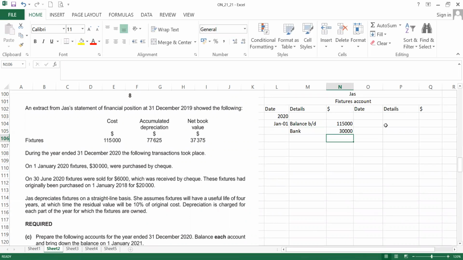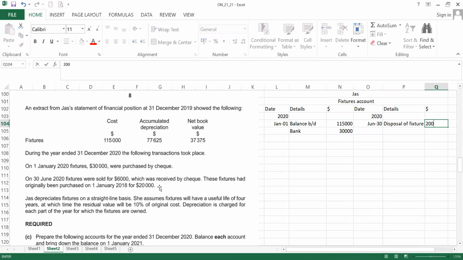During the year, there is a disposal of the asset, which happened on 30th June 2020. So this is the disposal of furniture account. Okay, the amount is, what is the cost? The purchase price is 20,000. Okay, now no more.